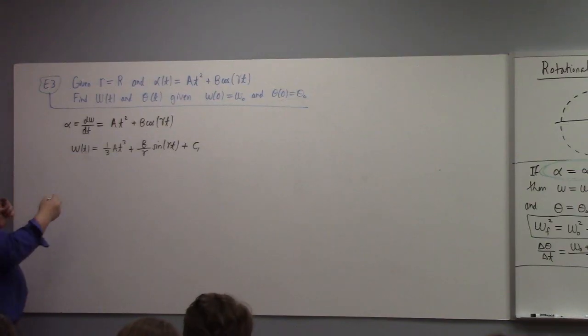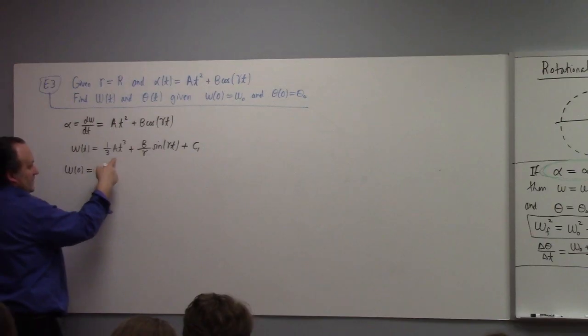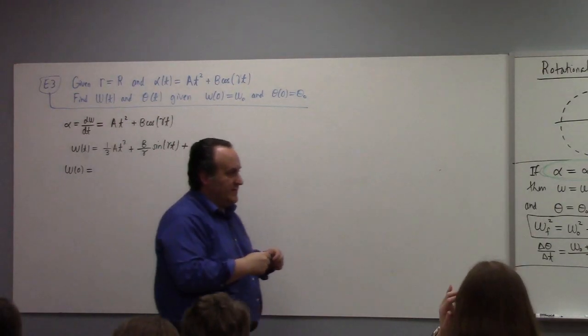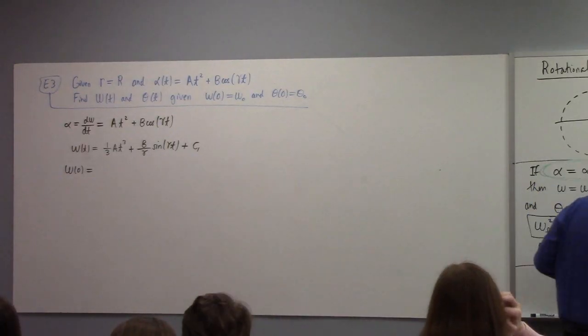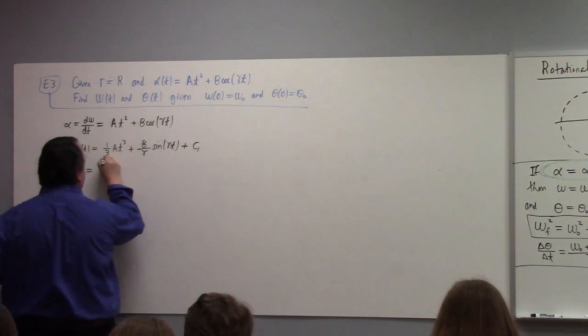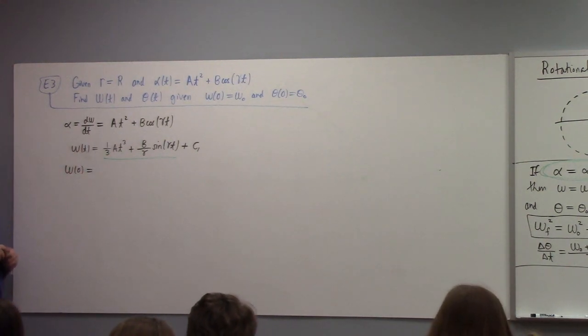Now is C1 0? What is it? Well, here's the deal. Omega of 0 is what? What happens when we plug 0 into the soon to be underlined in green formulas? That's all 0, right? Now we need to think through this.